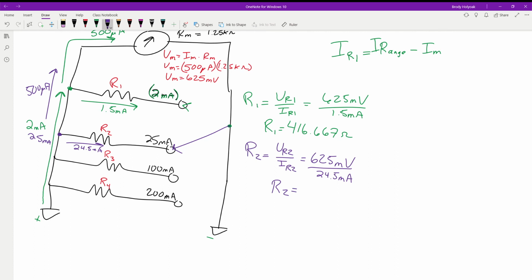And the value for R2, not 10, 25. It's all good. So we end up with 25.5 ohms.